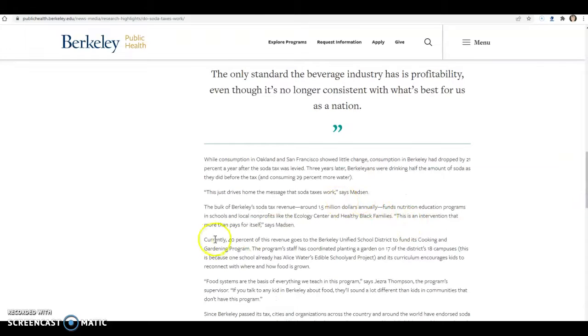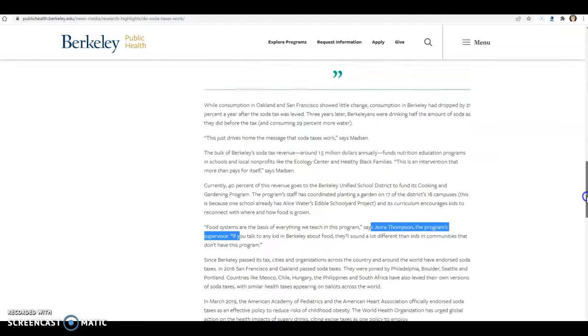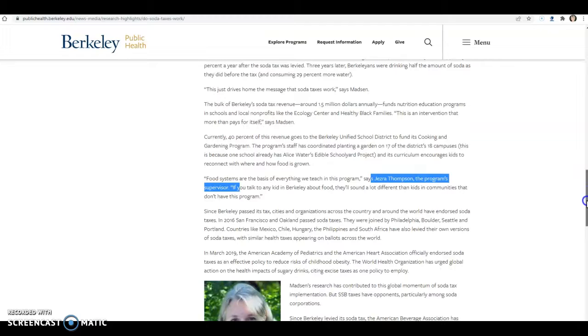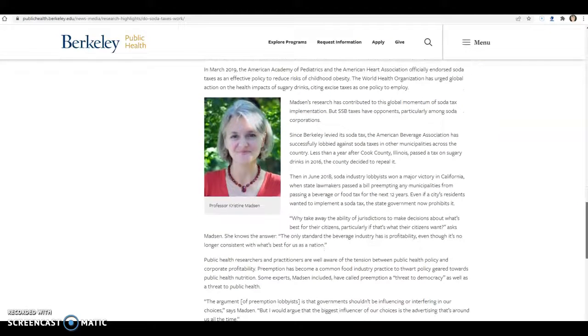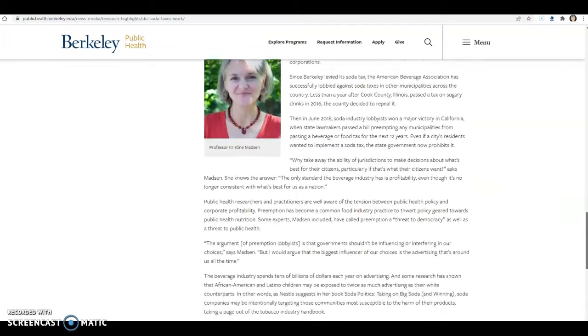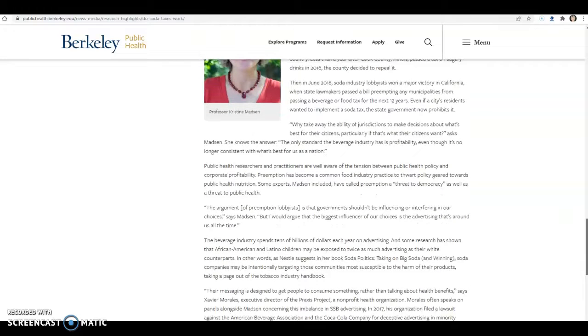Says Madsen, currently 40% of this revenue goes to the Berkeley United School District. Jezra Thompson, the program supervisor of that. So they've gotten someone who knows about that. There's another source. Mostly it's on Madsen with a few other people that are experts in their area.